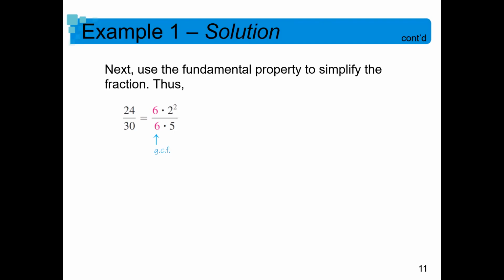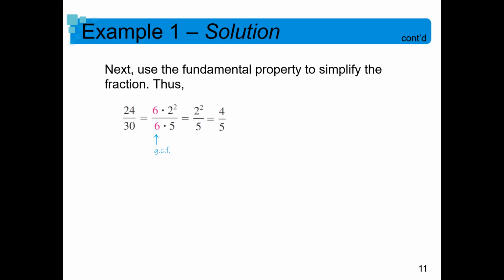For the numerator, we have 6 times, then there's 4 left, so 2 squared, over 6 times 5. And you can actually cancel out 6 because it appears in both the numerator and the denominator. So what you're left with is 2 squared over 5 or 4 over 5.